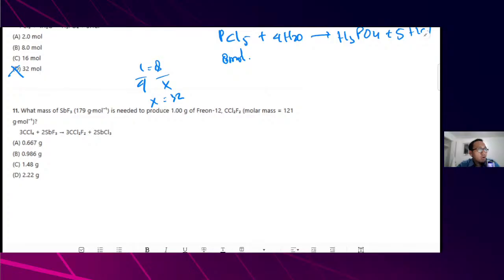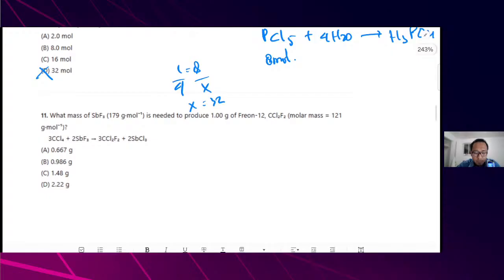Okay, for the last part, number 11. Question number 11: what mass of SF4 is needed to produce 100 gram of Freon-12, CCl2F2?